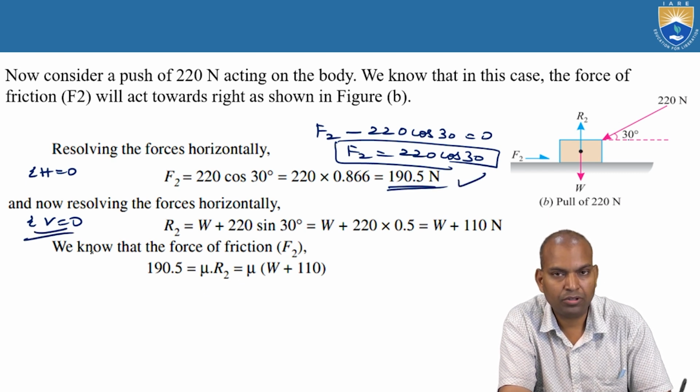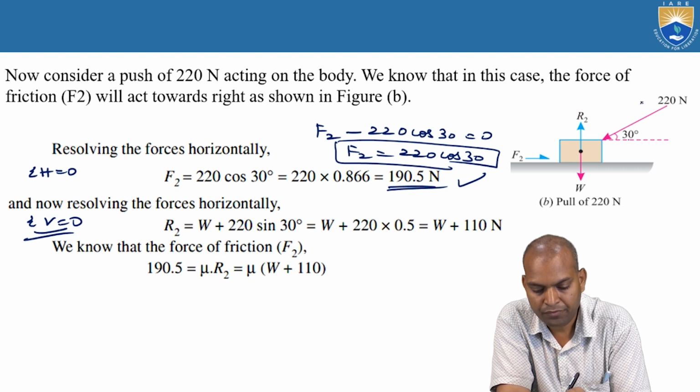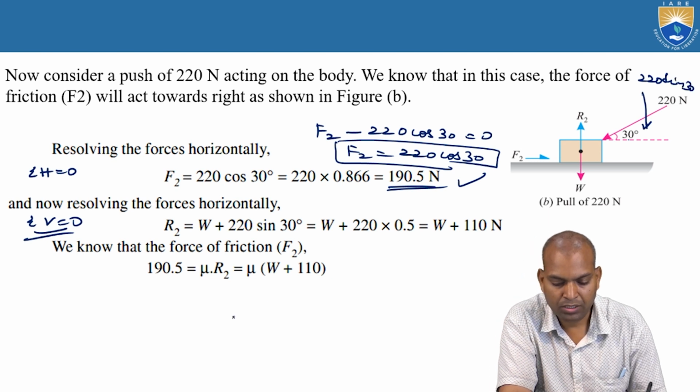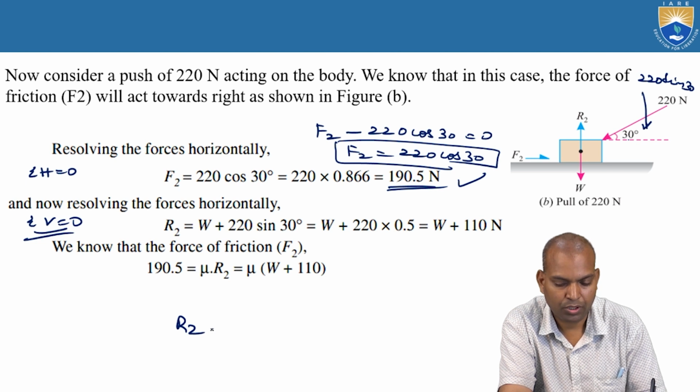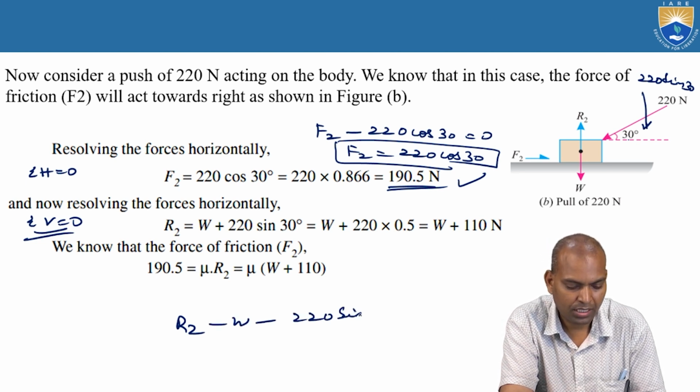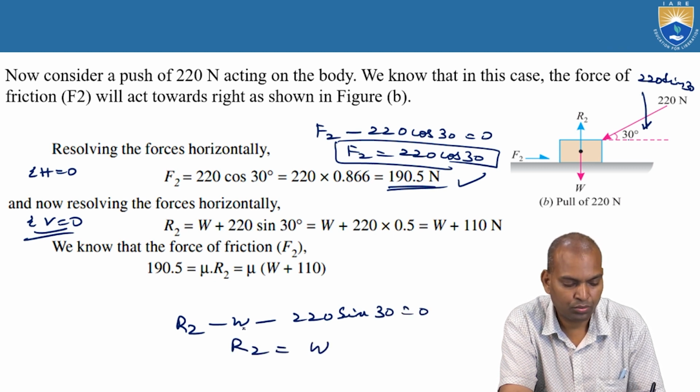Then sigma V equals 0. Resolving the vertical component downward, that is 220 sin 30. The forces here: R2 upwards positive minus W minus 220 sin 30 equals 0. That is R2 equals W plus 220 sin 30.